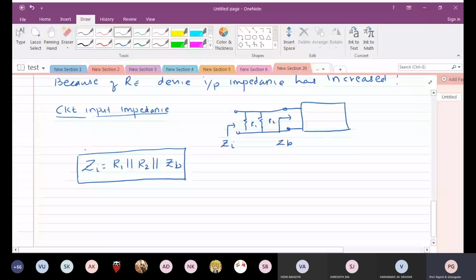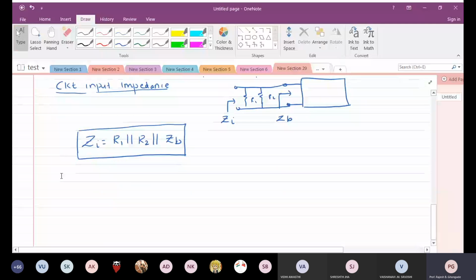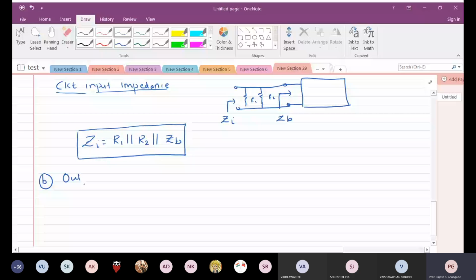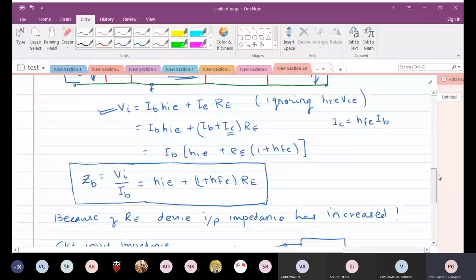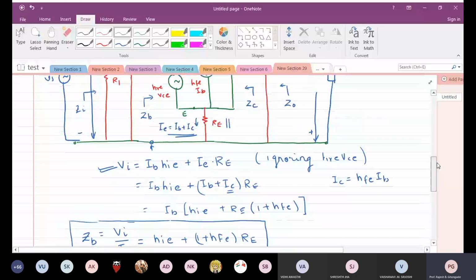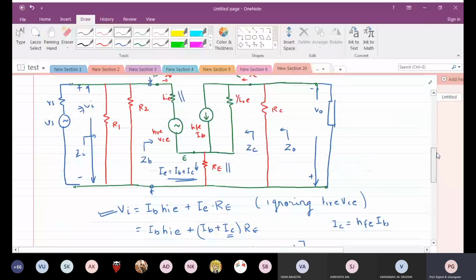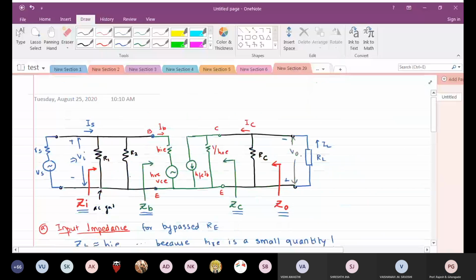Let us quickly see, before time is over for us, the output impedance, ZO. So looking into the collector terminal, or collector to emitter terminal, in both the situations. See, ZO is looking into the collector and emitter terminals.